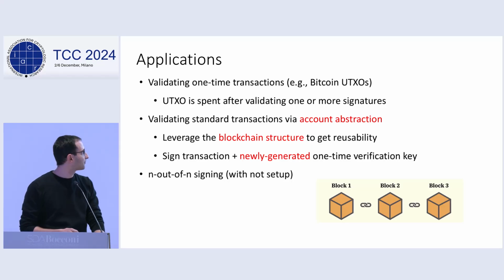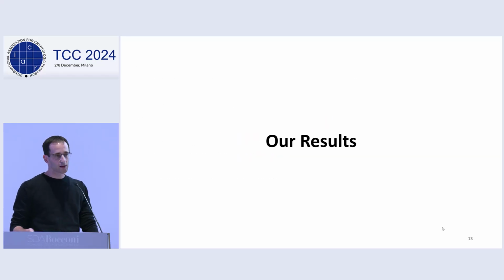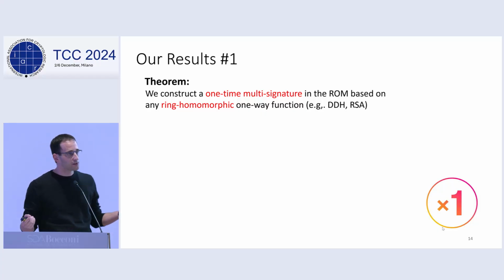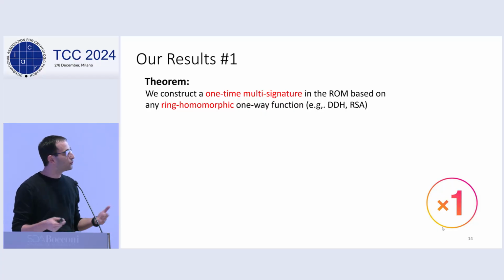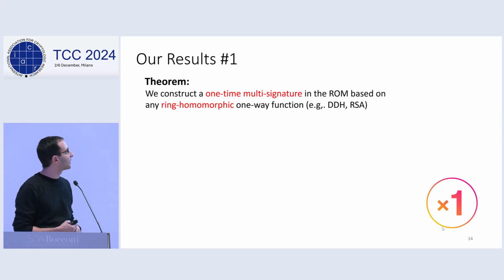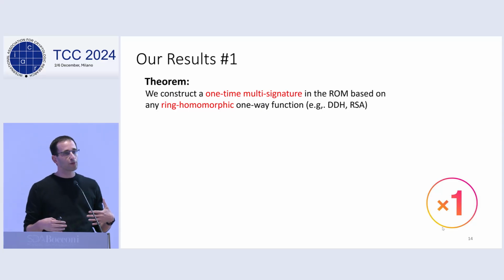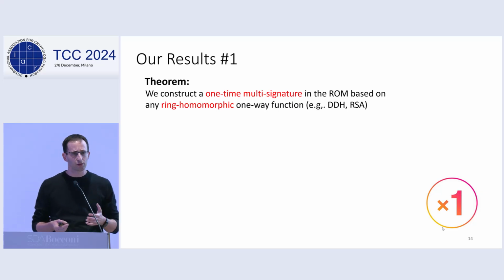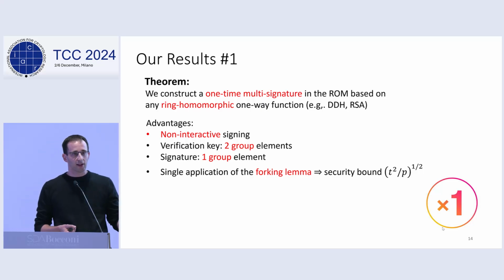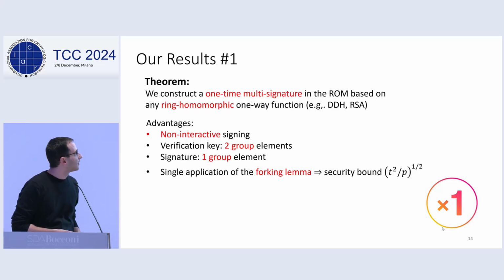It's not one time. So let's talk about our results. Our first main result is a new one-time multisig scheme. It's based on the random oracle model and any ring homomorphic one-way function, which can be constructed from DDH and RSA and the like. The key advantage of our scheme is that signing is non-interactive, which is very cool.